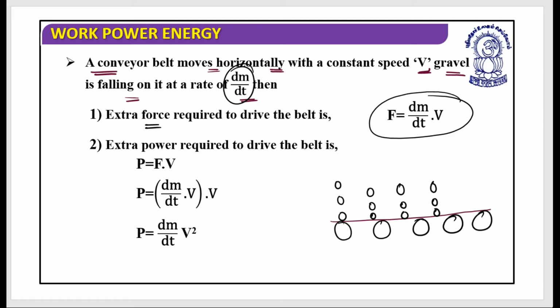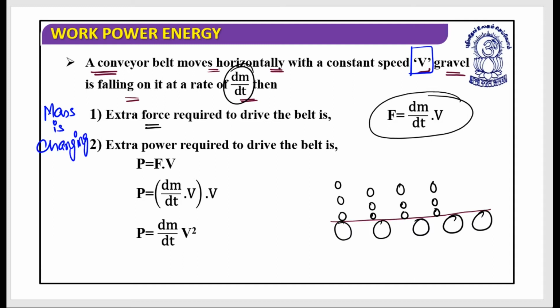Do you have an answer to this? Because according to the first law, no force is required for any object to keep it moving with the same speed. Here, mass is changing.